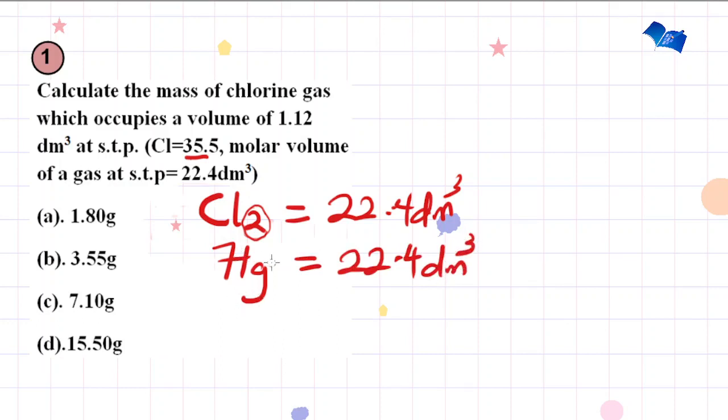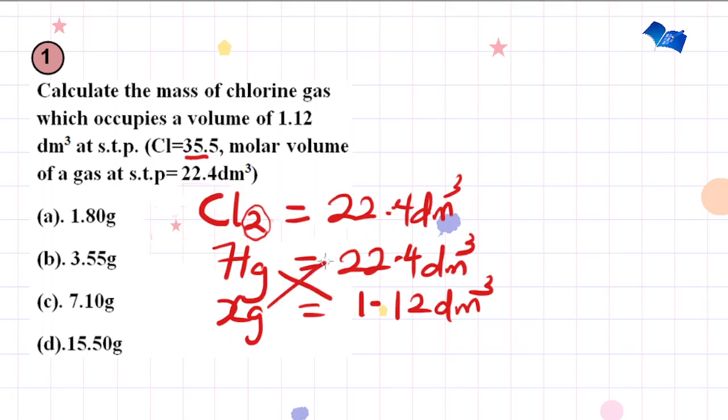Now we're being asked to calculate the mass of chlorine gas which occupies a volume of 1.12 dm cube at standard temperature and pressure. So the mass is unknown and its volume is 1.12 dm cube. So we simply cross multiply.